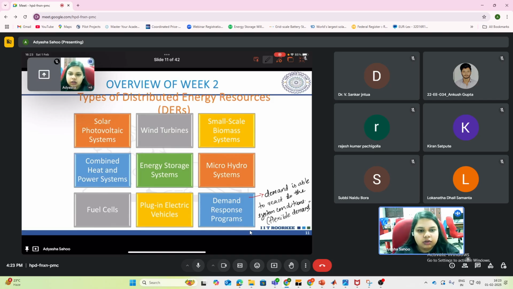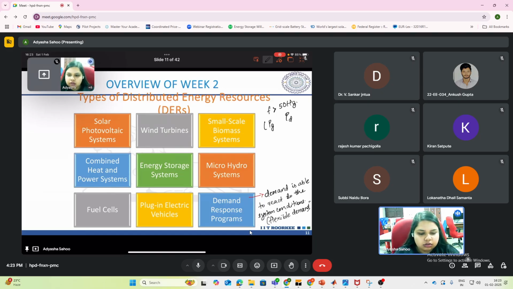So earlier, the demand was not flexible. That means it was constant or it was not supporting the system operation. But now, with the help of demand response programs, let's say the frequency of the system is greater than 50 hertz. Then, can you tell the relation between generation and demand?